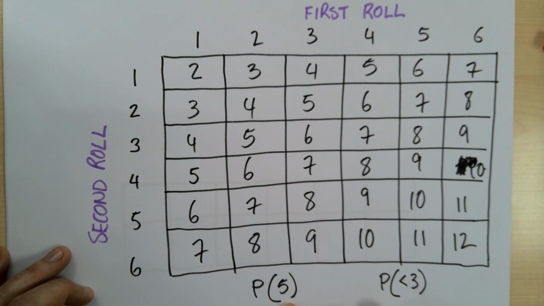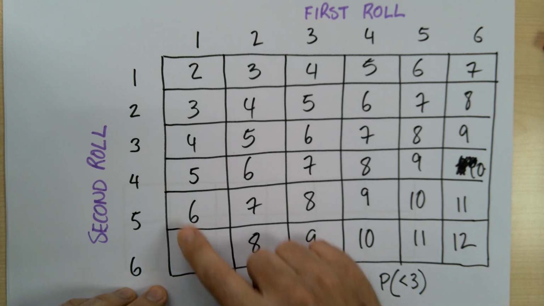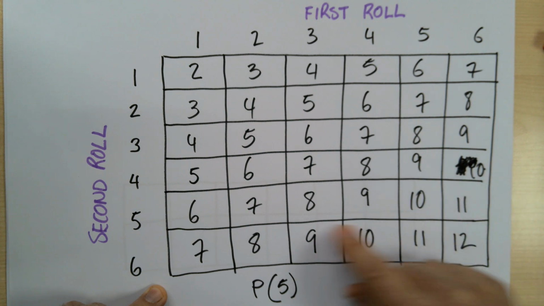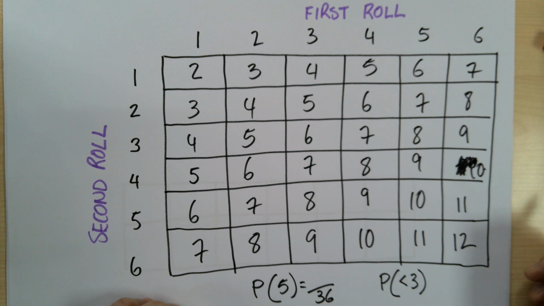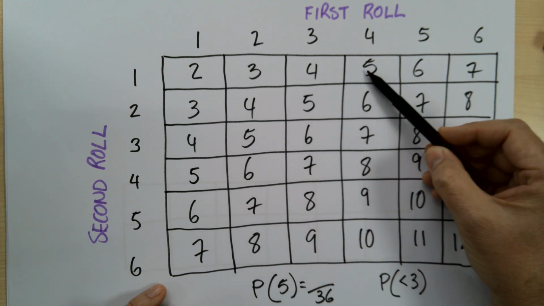So, what's the chances of getting a 5? First of all, what's the total number of things that are possible? I've got a 6 by 6 grid. That means there's 36 boxes, so there's 36 things in total that are possible. How many 5s show up? 1, 2, 3, 4.